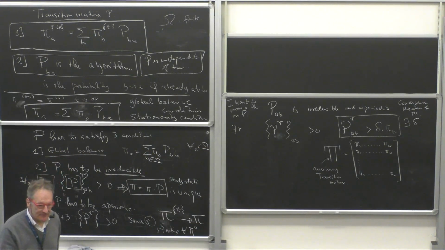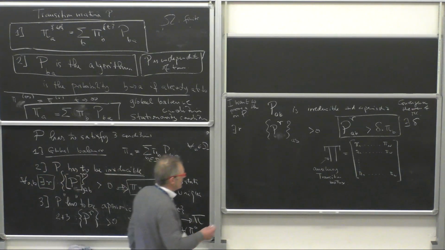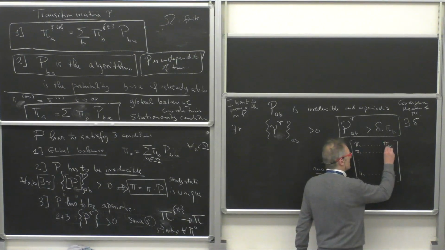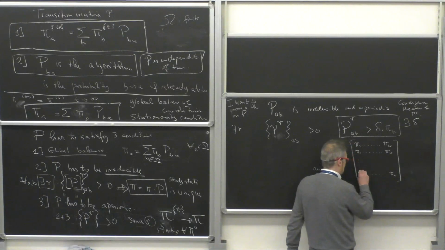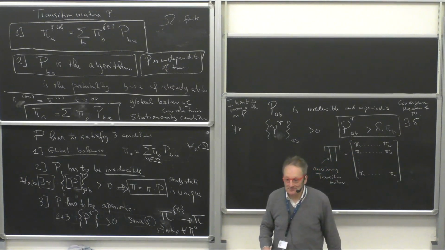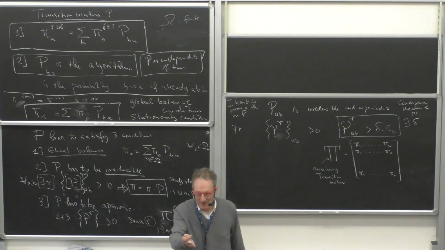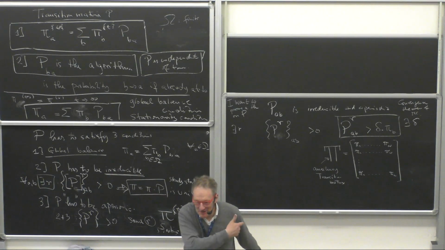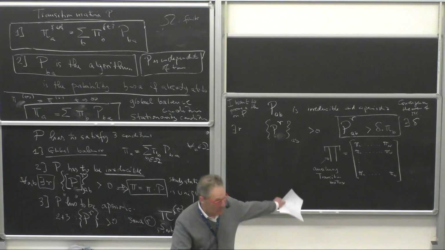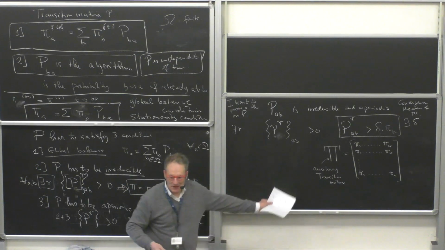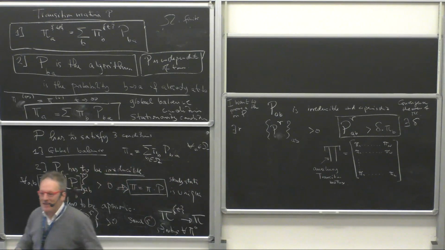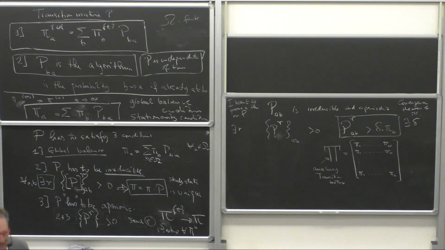Little pi is the steady state distribution. So what is this transition matrix capital pi? What does it do? It moves me immediately into the steady state, right?